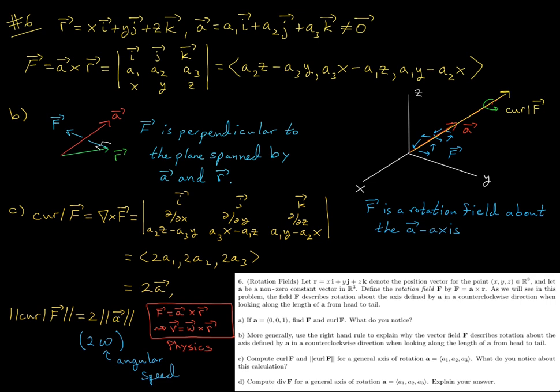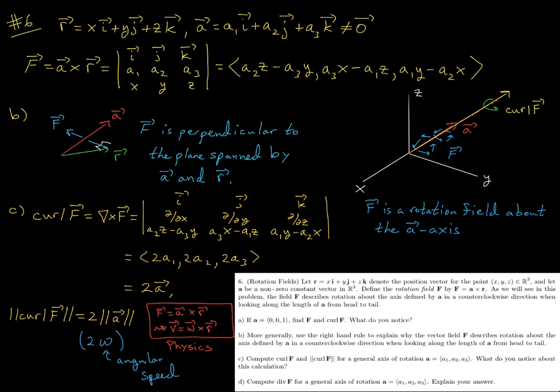And its magnitude, which you see here, is, if A is playing the role of omega, just scalar omega, and that's describing the angular speed of the particle as it rotates around the axis. So it's really all the same stuff there.